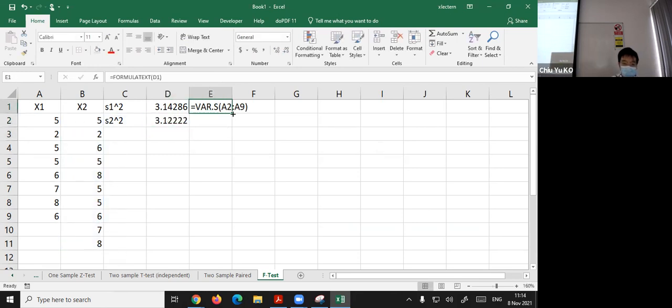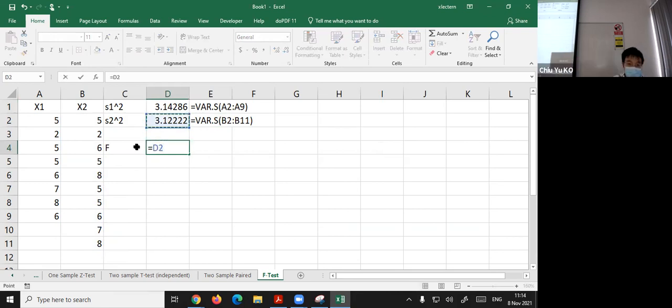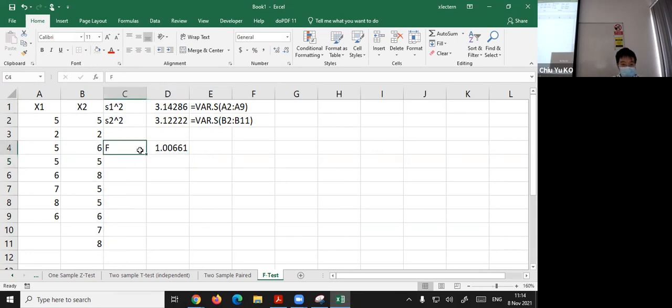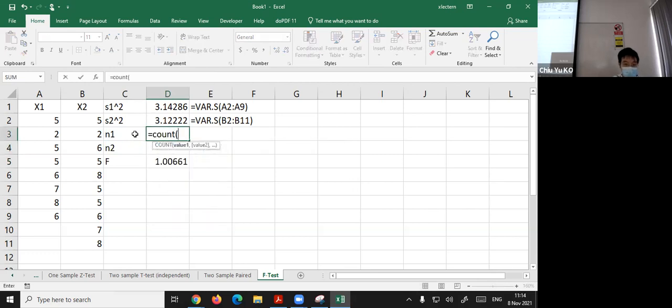And then you have the F statistic, just the ratio of the two. So it's very simple, right? That's the F test. And probably you want to calculate N1 and N2, right? N1 is just counting how many of them there are.